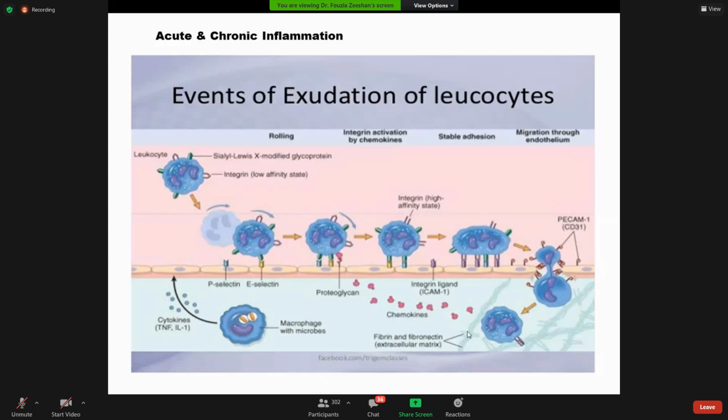When they come out, they move towards the site of injury, and that is called chemotaxis. There are certain chemokines and certain proteins that attract these leukocytes towards the site of injury by the process of chemotaxis, in which C5a and C3b are very important.